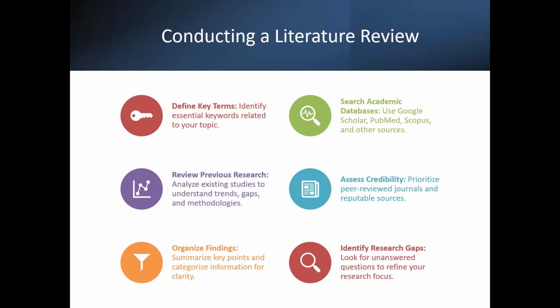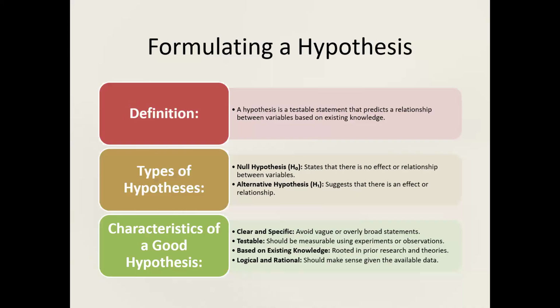Then after all these things, you define the keywords, search databases, collect data and study it. Now you have to organize findings, summarize the key points and categorize information for clarity, and then identify research gaps: the unanswered questions which you can answer, and which can easily refine your research focus. So you have to follow this criteria for a literature review.